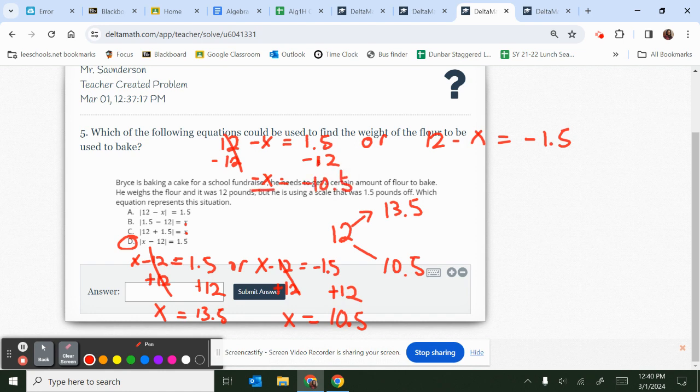All right. Divide by negative 1, divide by negative 1. That would give me positive 10.5. Okay. Here I would do the same, subtract 12, cancel. Your negative x will be equal to a bigger negative, negative 13.5. Divide by negative 1, divide by negative 1. Your x is going to be equal to a negative divided by negative is a positive 13.5.